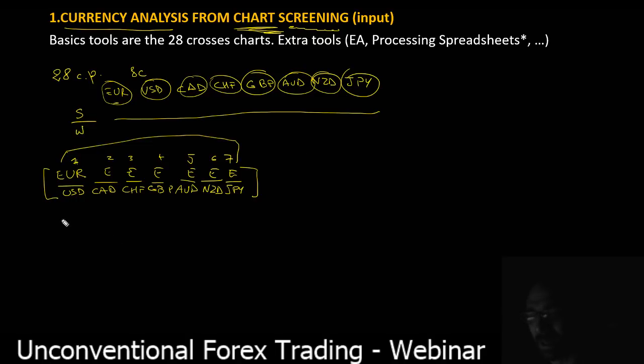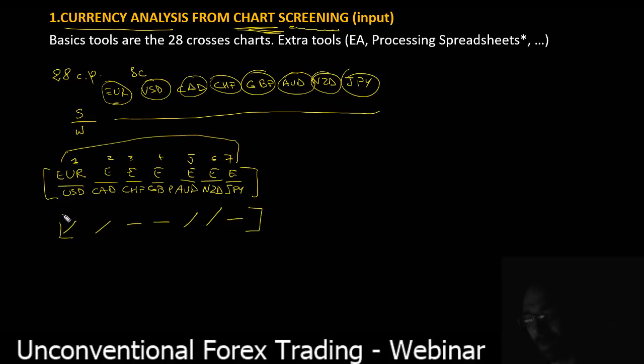Let's do it this way. If we have euro USD going up, and euro CAD going up, and euro Swiss franc is stable, and euro GBP is stable, and euro Aussie is up.